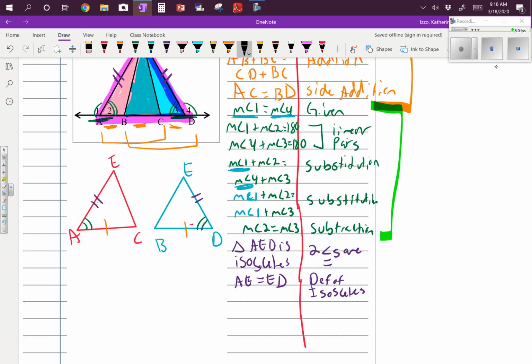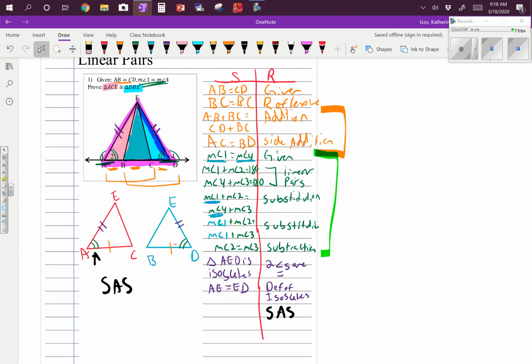The angle's trapped, so it's not ASS, it's SAS, because my angle is trapped between my two sides. So we're going to say SAS, and we need to say that triangle ACE is congruent to triangle DBE. Yeah, we're done!